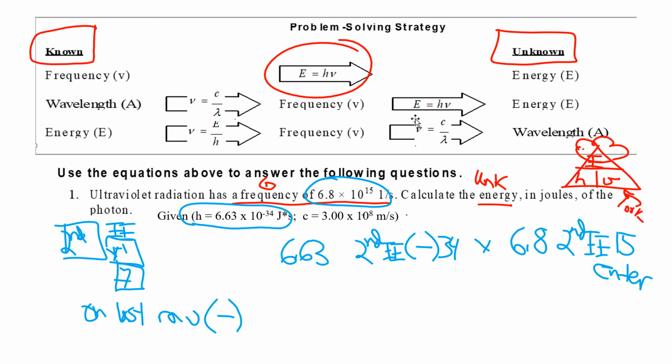Your answer on your calculator should be 4.5084 times 10 to the negative 18th power.